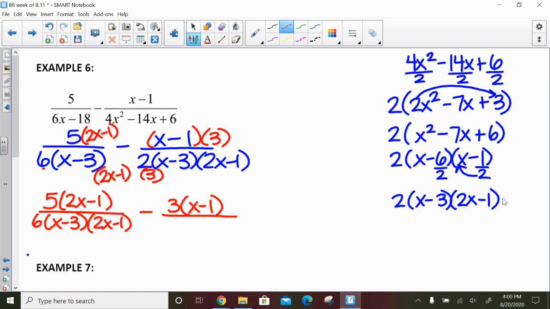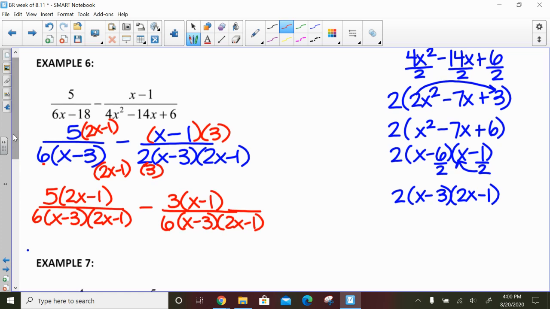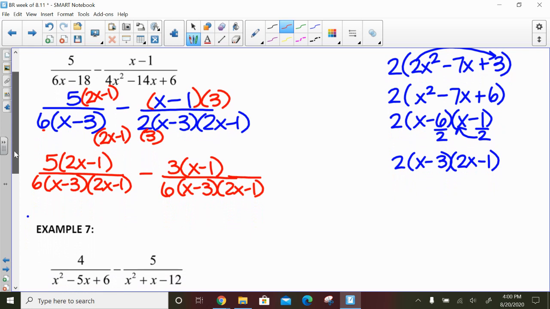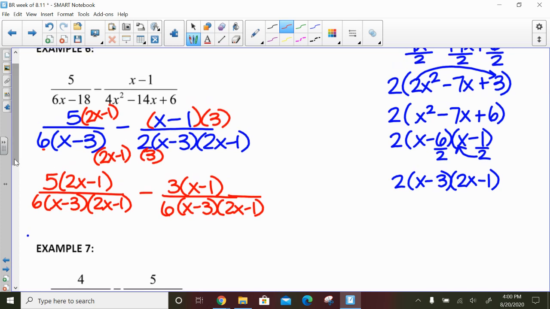And now the bottom, because of the 3, 2 times 3, I now have 6, x minus 3, 2x minus 1. So now that my denominators are the same, I can pull it into one problem, and I can go ahead and distribute.